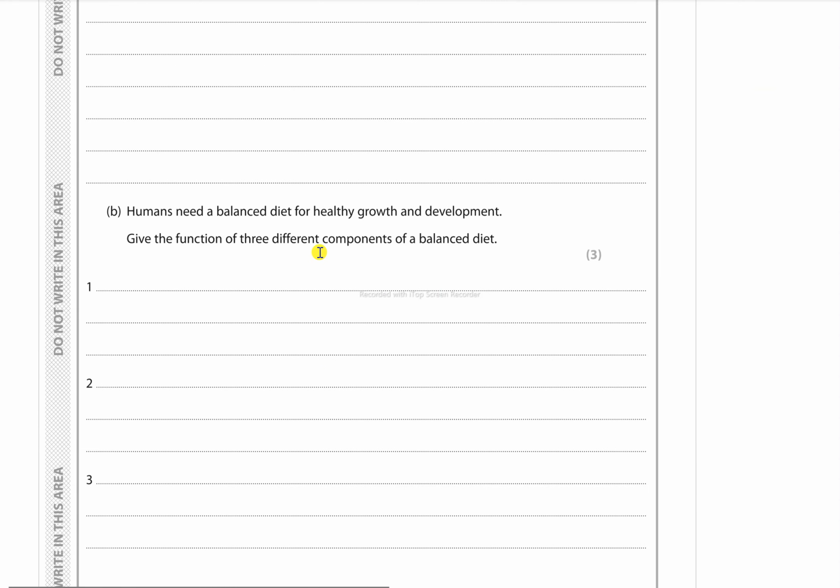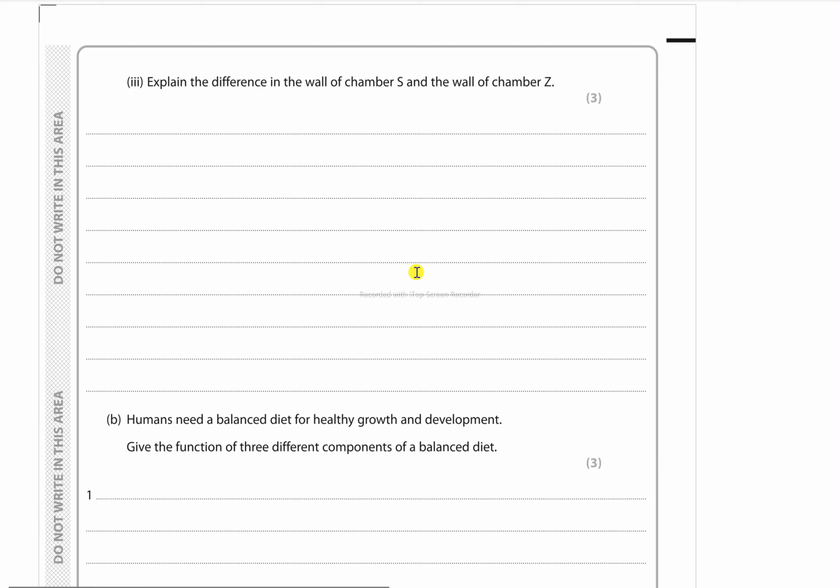So remember what we said about difference in blood pressure.